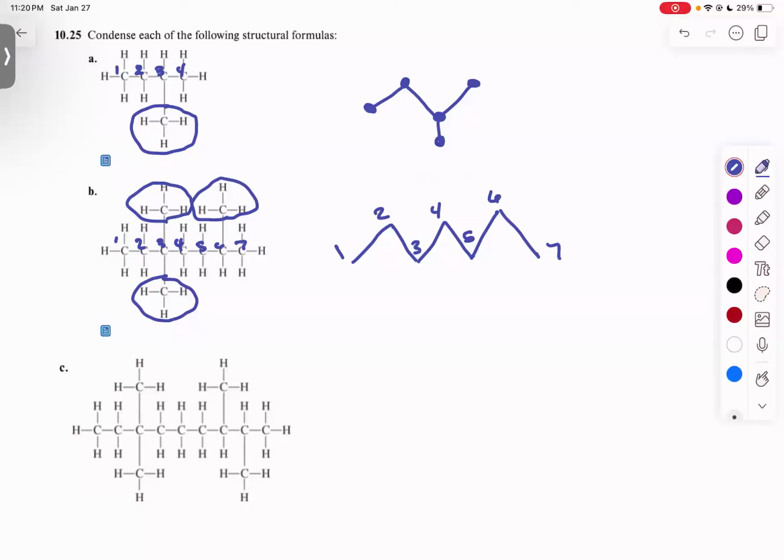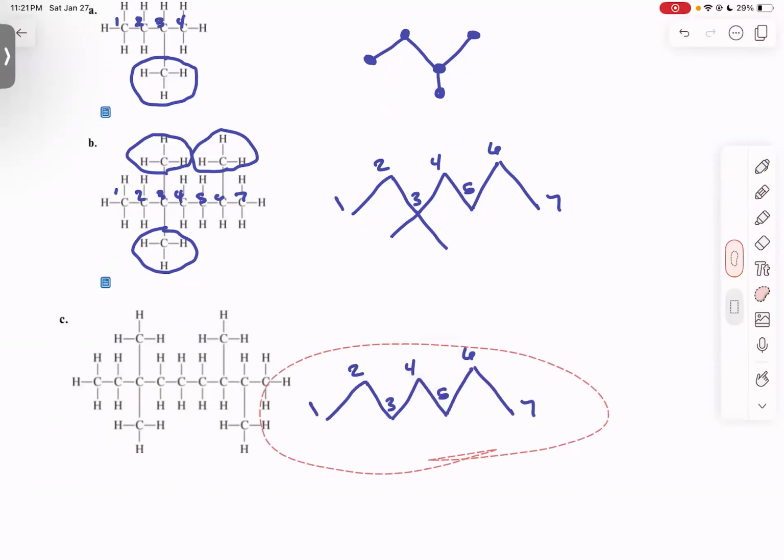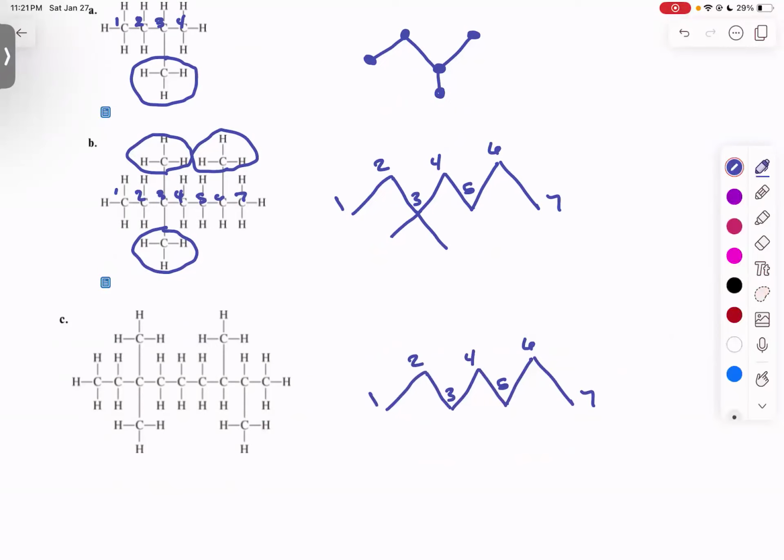So the correct way to do this is really to draw one methyl and then the other methyl coming off this way, because this is really in 3-dimensional space, how they get as far apart as possible. But it would also be technically correct if you said coming off of 3, there's a methyl there.